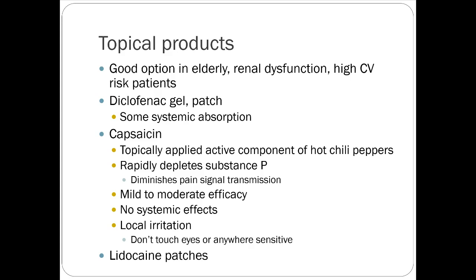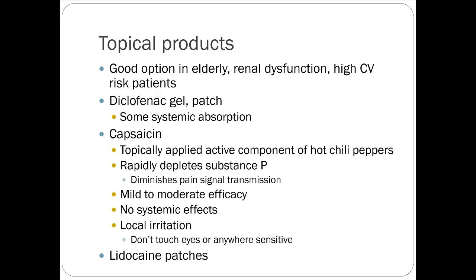Capsaicin is something we haven't talked about yet. Its active ingredient is derived from the component of hot chili peppers that causes them to be spicy or hot. The mechanism of action is that it rapidly depletes substance P, which diminishes pain signal transmission.